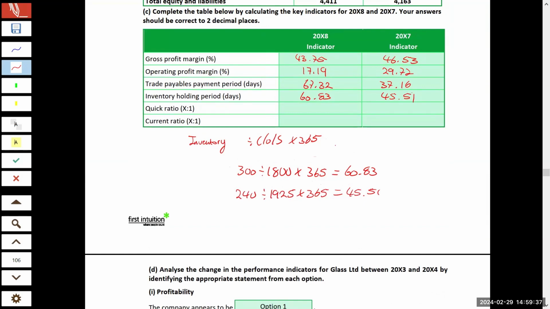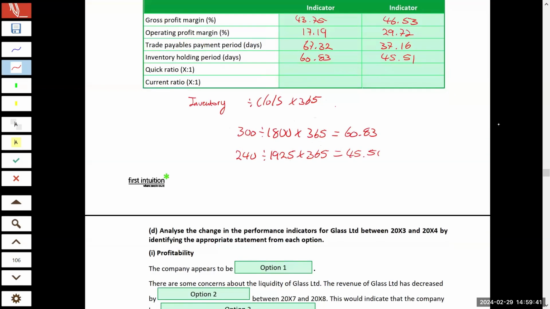Terrific. We're now left with the quick ratio and the current ratio.